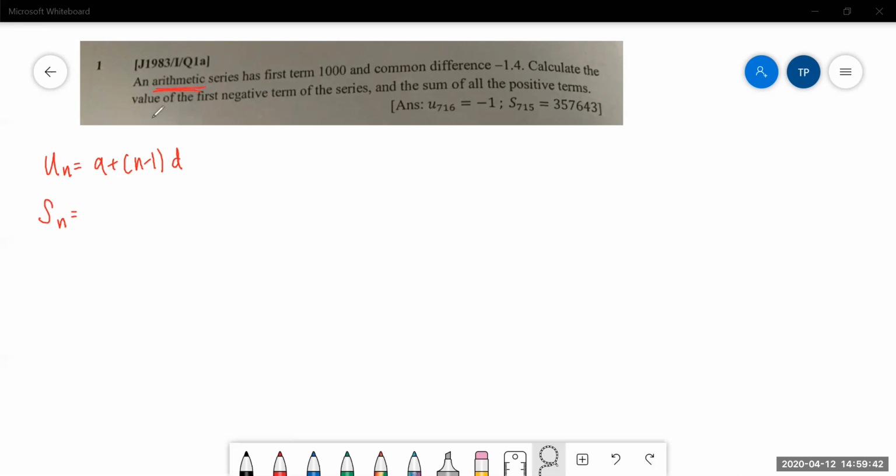Yeah, n over 2, u1 plus un. Alternatively, it can also be n over 2, 2a plus (n minus 1)d.